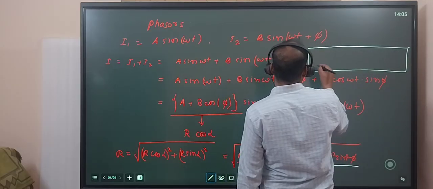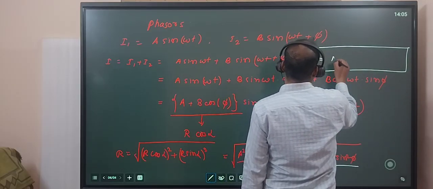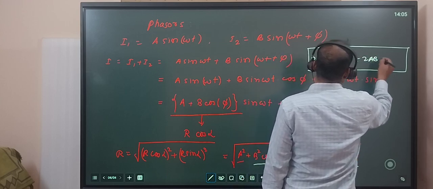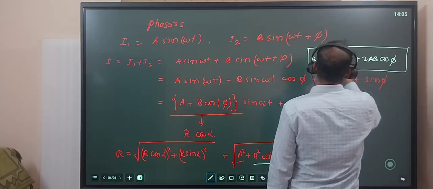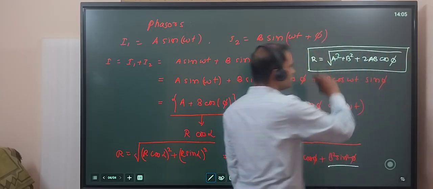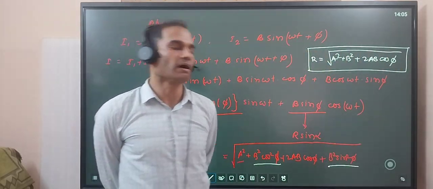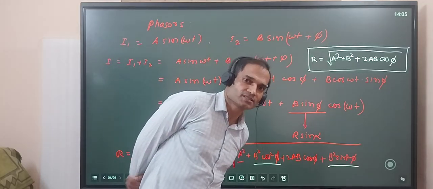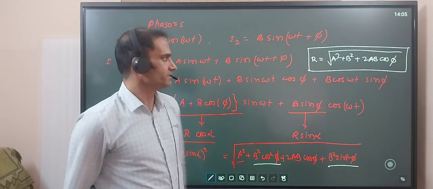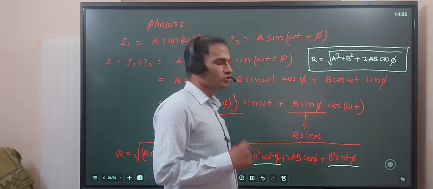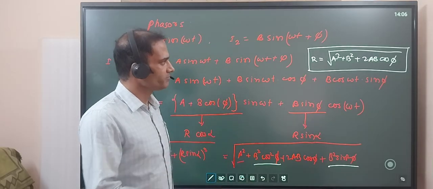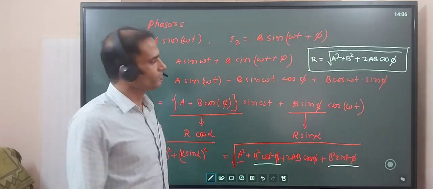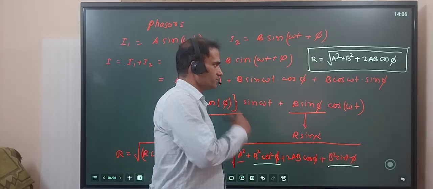On the next page I will write r is equal to the square root of a squared plus b squared plus 2ab cos phi. This reminds us of the resultant of two vectors at an angle phi, right? We have two vectors of magnitude a and b, the angle between them is phi, so the resultant of the vectors will be this.